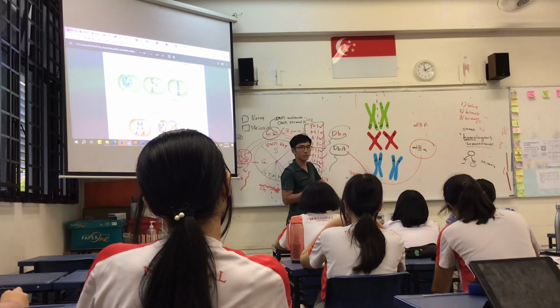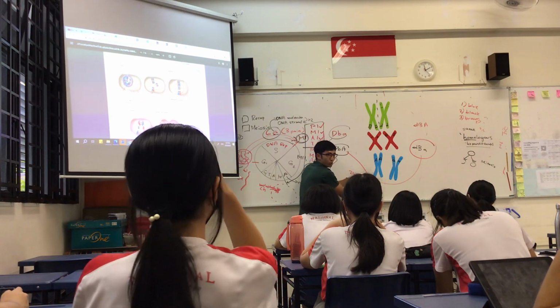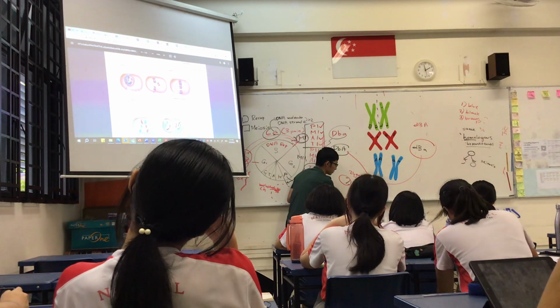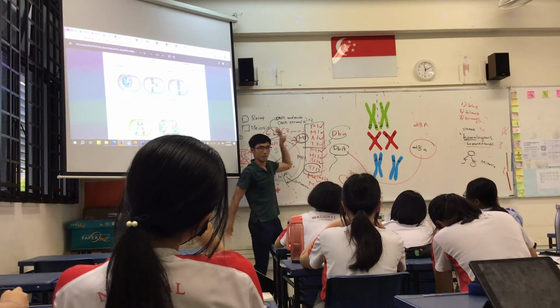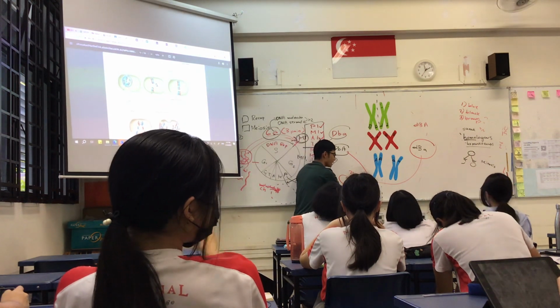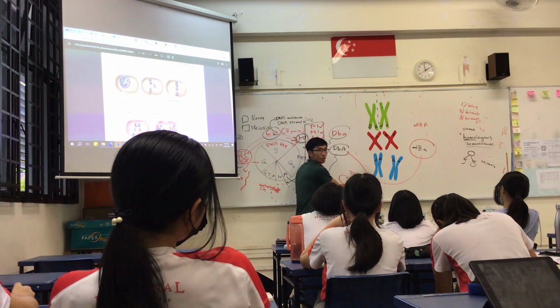So when do twins form? Twins form at this particular stage. Before this cell goes on to develop into a baby, it splits into two via mitosis. Each one of these develops into a baby. That's why this baby has exactly the same chromosomes as the original cell.